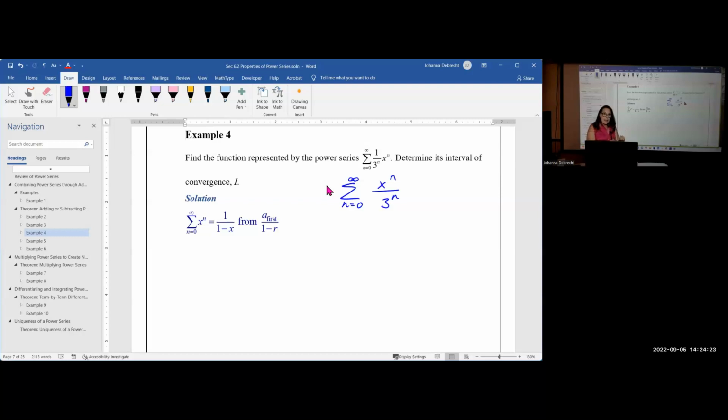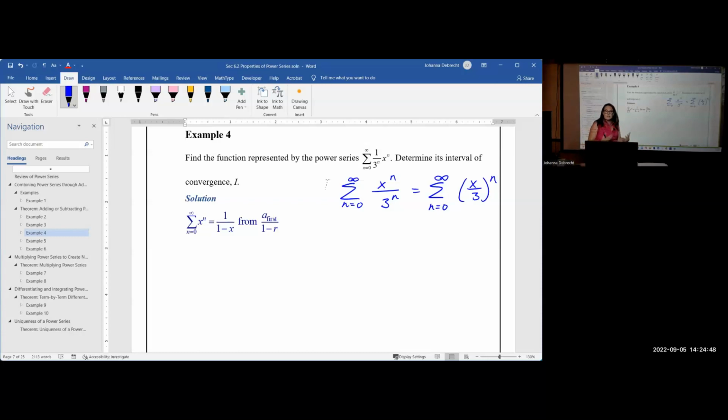Once the powers match, then I can take those bases and divide them and put them in parentheses with the power on the outside. So now this becomes the series starting at n equals 0 of x over 3, the quantity raised to the n. I've got x cubed on my mind now from the last one.